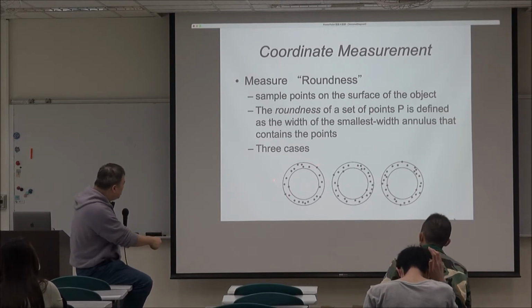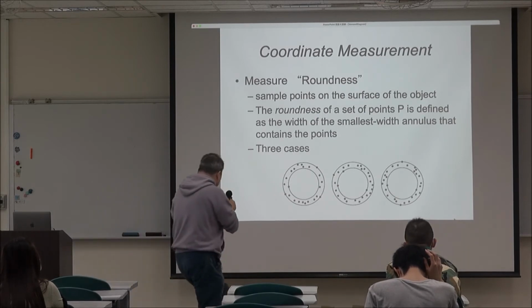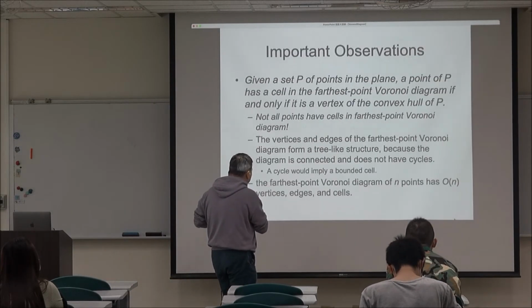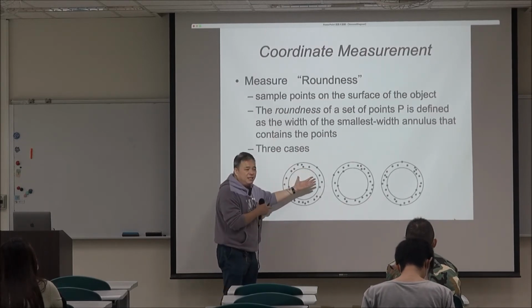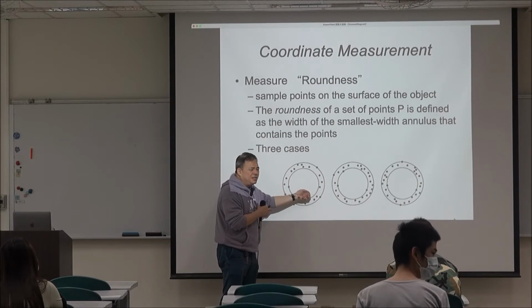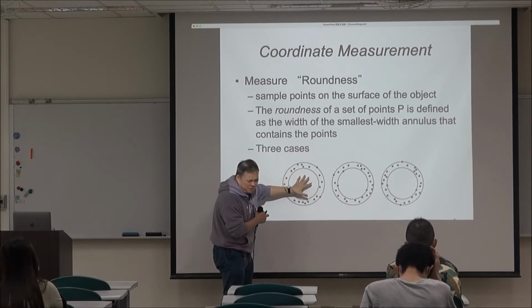But when you are just given those points, without the outer circle and inner circle, you really don't know which point is outside and which point is inside. Sometimes it's very difficult to tell.